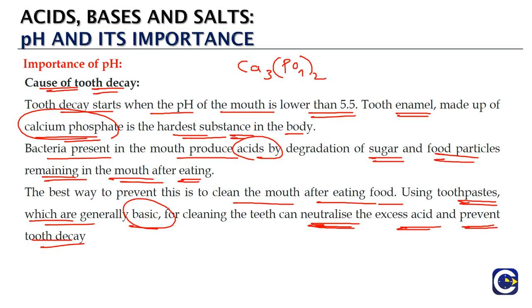So tooth decay happens because the pH becomes lower than 5.5, due to the production of acids by bacteria, and we can prevent it by cleaning the mouth with a toothpaste. Toothpaste is generally basic in nature, and there is a neutralization reaction.